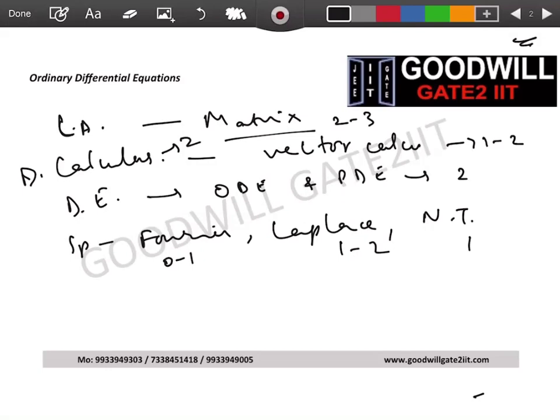So today we are going to start with differential equations. That is your first order linear and non-linear differential equations.